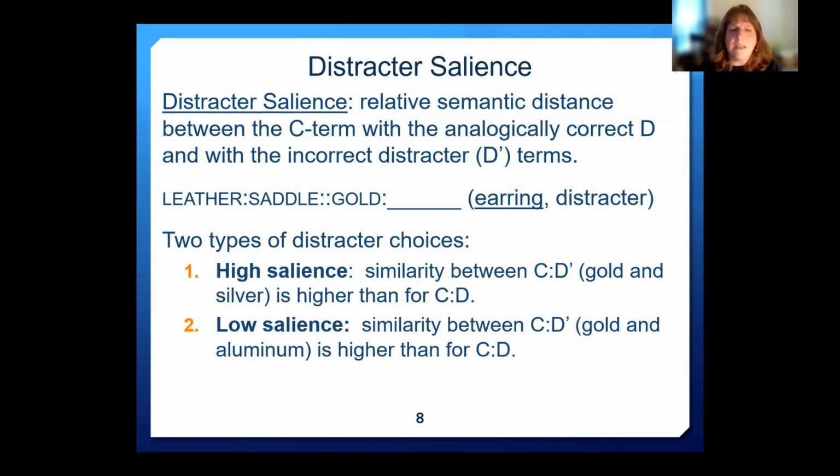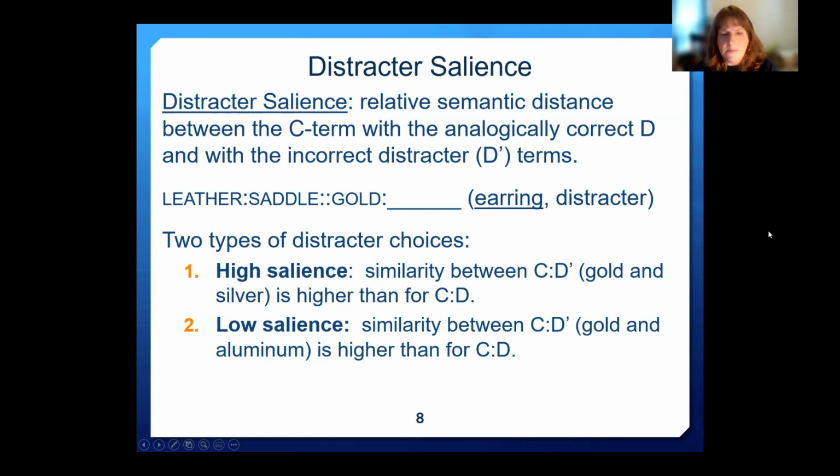By similarity, I really mean semantic distance, also association strength between the C and incorrect distractor term in comparison to the correct distractor term. So for instance, gold and the incorrect distractor silver were semantically closer than gold and the correct answer earring.